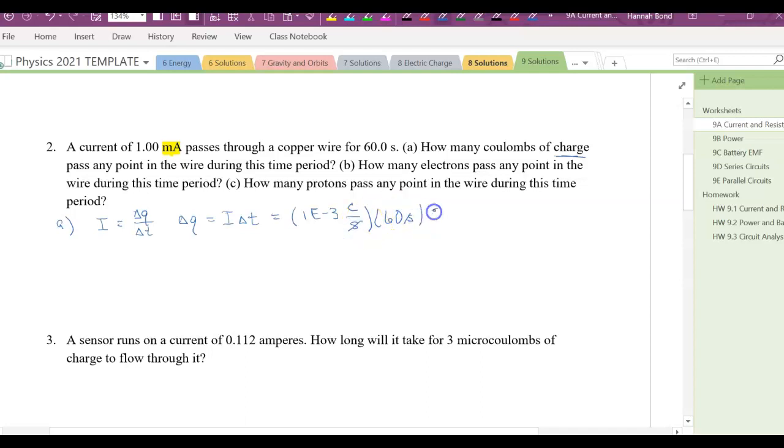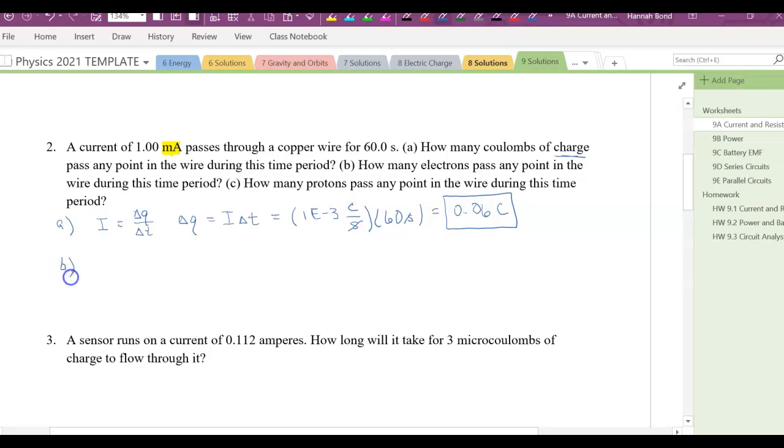And so when I multiply these, I get 0.06 coulombs. So 0.06 coulombs of charge are flowing past any point in the wire during that time period.